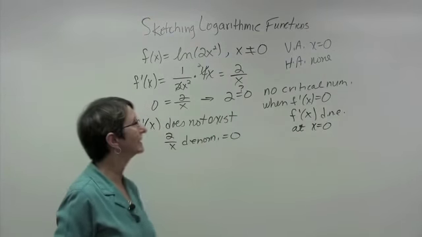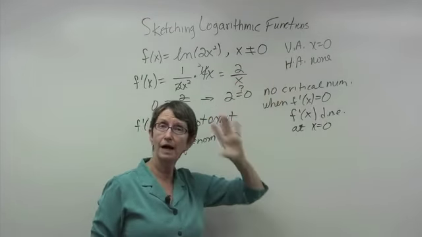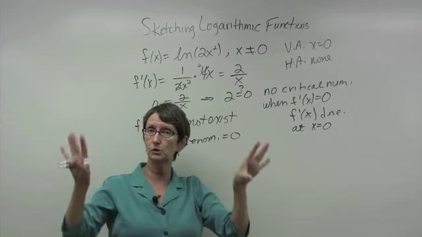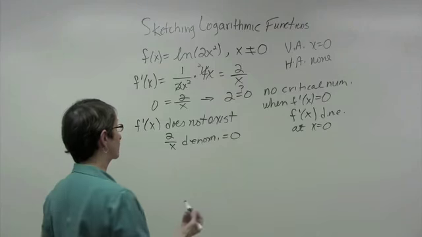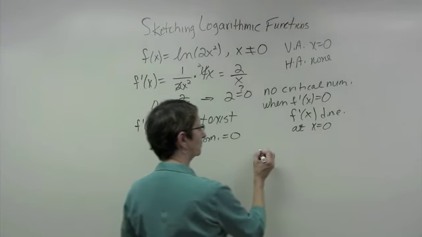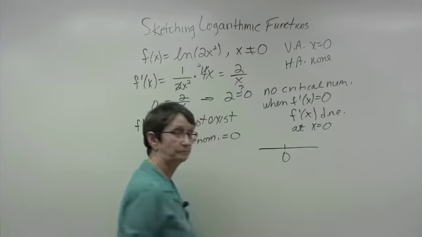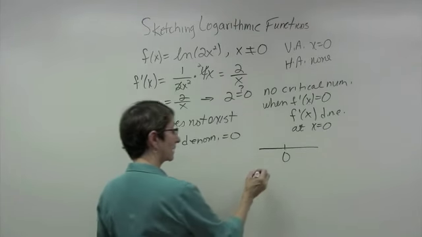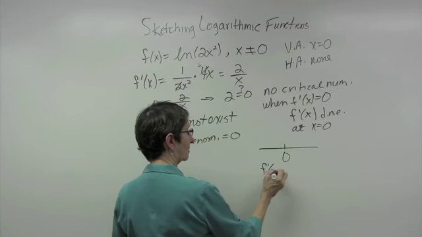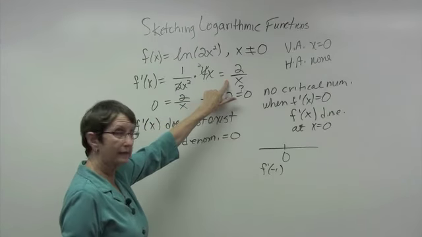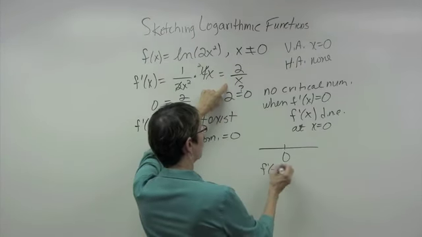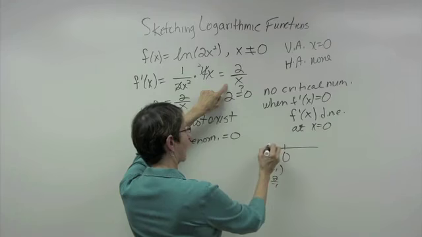Well, we already knew that. It's a vertical asymptote. But that means the graph is in two different places. So we do have to look at a number line and check to see what we get on either side of 0. If I plug in a negative number, f prime at -1, f prime is 2 over x. I get 2 over -1. I get a negative.